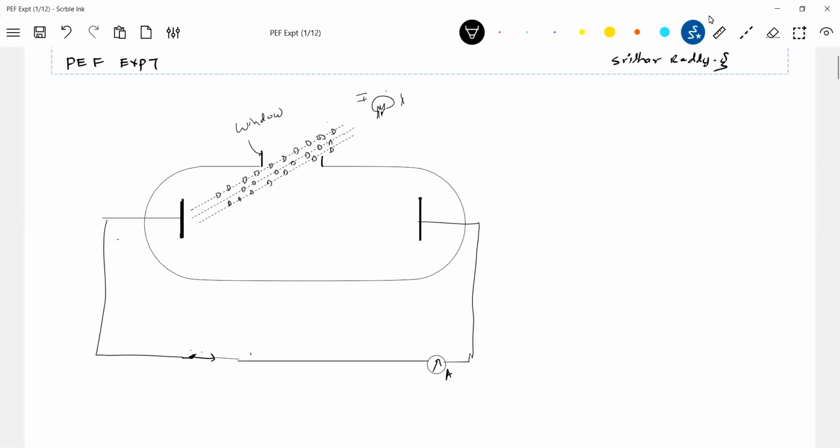There's an on-off key. There's an emitter. Milliammeter, micrometer, whatever it may be. And this is called an emitter.